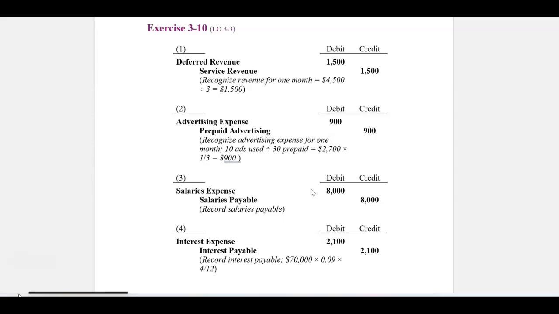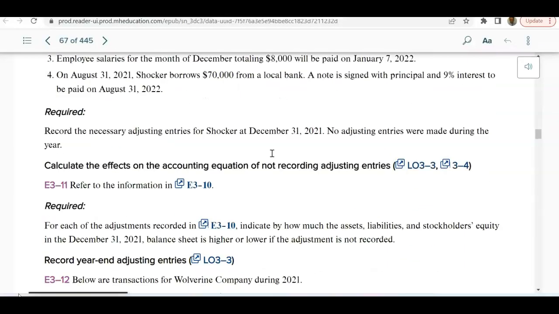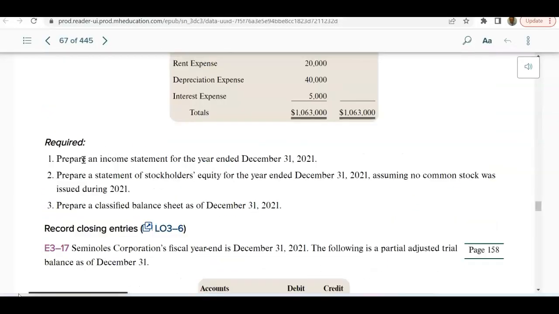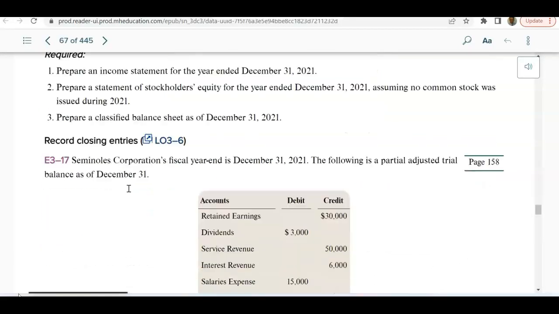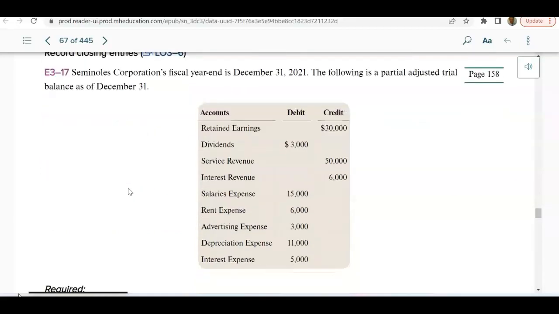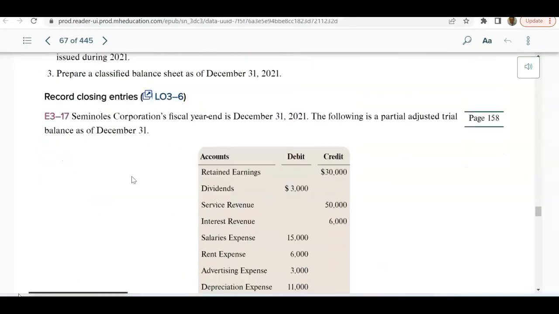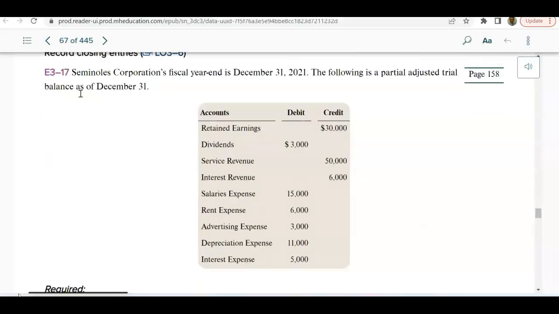After you prepare your financial statements, you need to close those temporary accounts. So I'm looking at a problem that has a closing entry, so I can show you a sample of it. Here, record closing entries. That's problem number 17, which is part of your homework also. Here in 17 it says the company's fiscal year end is December 31st of 2021.